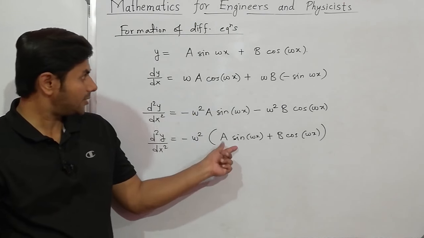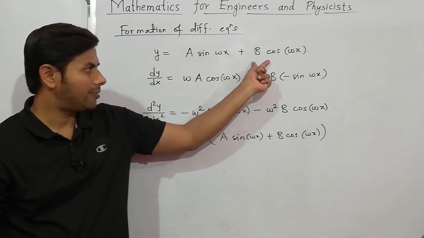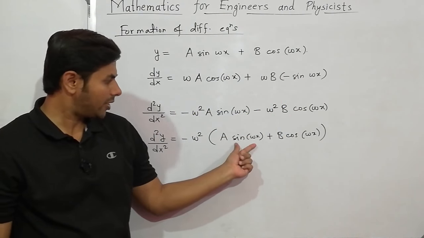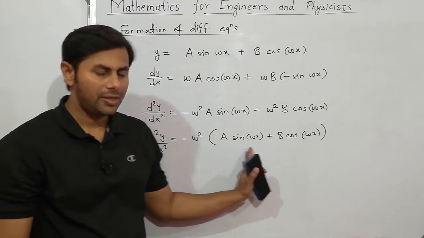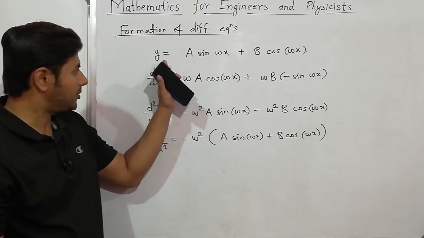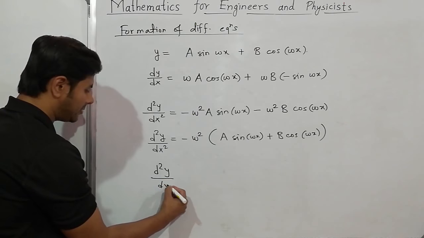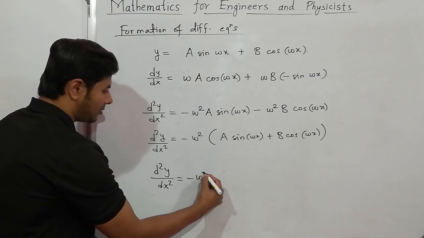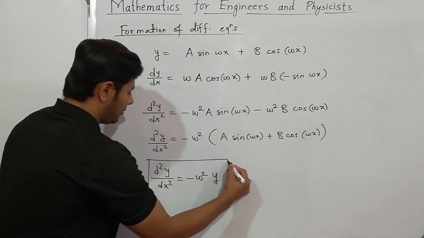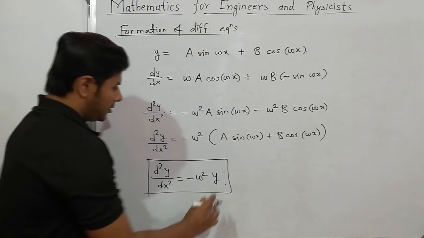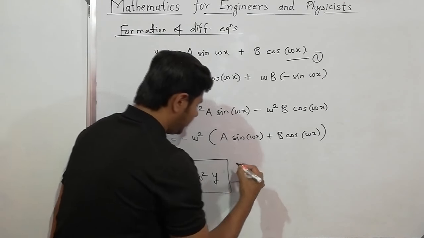Now notice that this equation is y equals to a sine omega x plus b cosine omega x, and we have the same term here on right hand side. So in place of this I can substitute y, so I get d2y by dx square equals to minus omega square multiplied by y. Okay, so this is equation number 1, this is equation number 2.